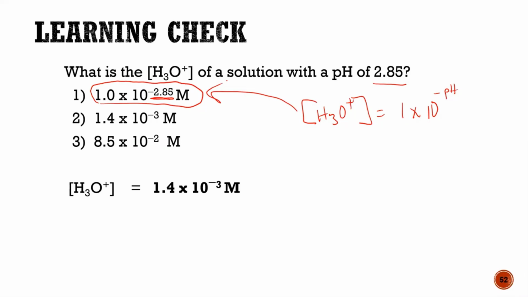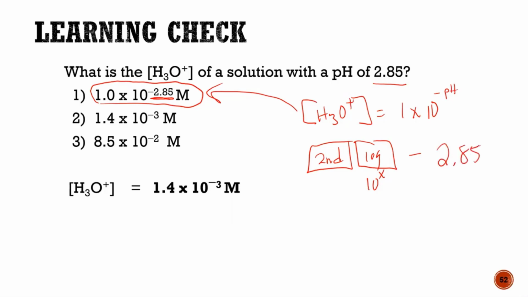The way you would do it on your actual calculator really depends if you're using a graphing calculator or not. On a graphing calculator, it's a lot easier. You would hit your second function, and then that log button, which puts it to the 10 to the x, and then you would hit negative, and then 2.85.